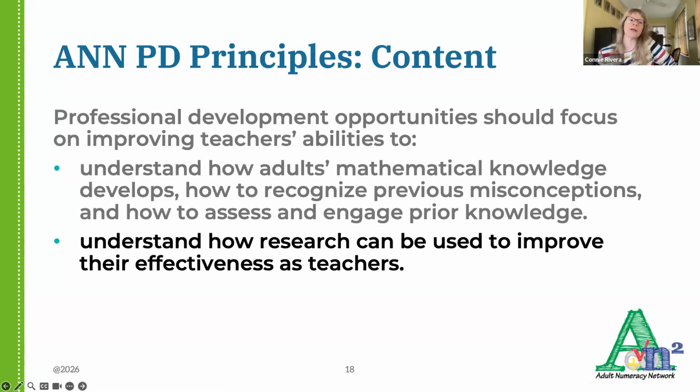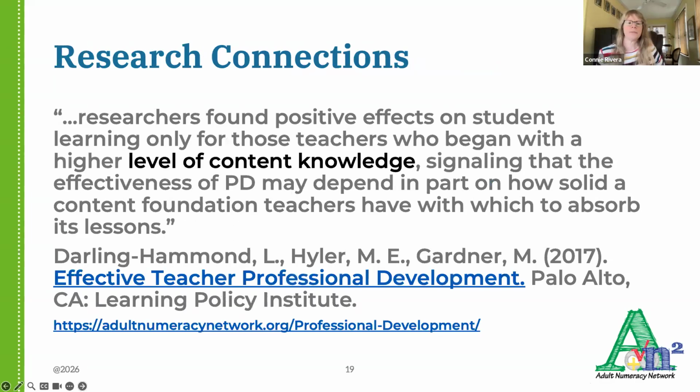So that last one says, understand how research can be used to improve their effectiveness as teachers. I'm stretching that a little bit because we're here as professional developers, but here's our connection. Researchers found positive effects on student learning only for those teachers who began with a higher level of content knowledge, signaling that the effectiveness of PD might depend in part on how solid a content foundation teachers have with which to absorb its lessons.